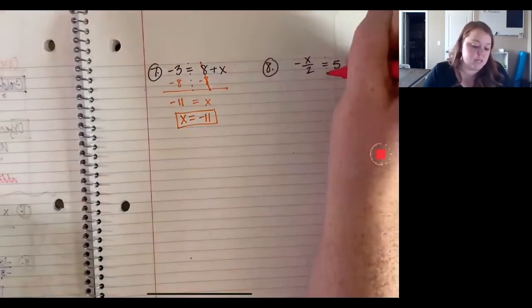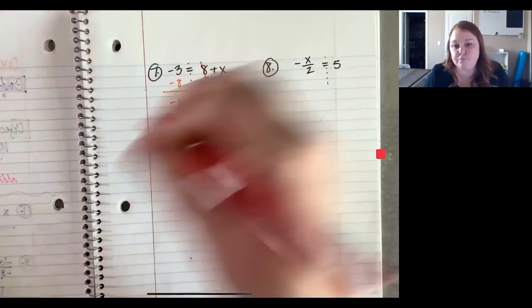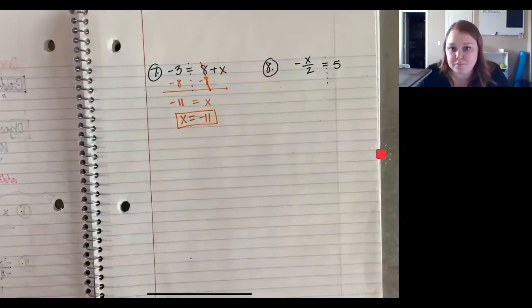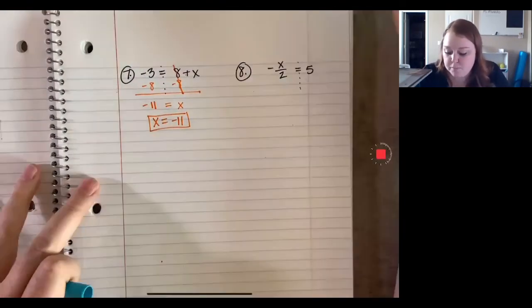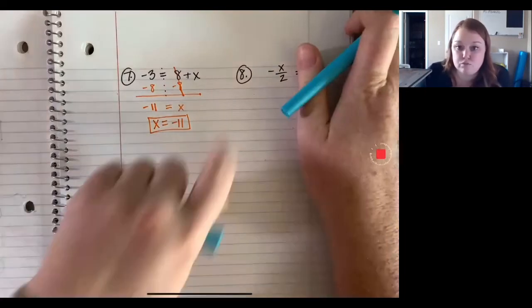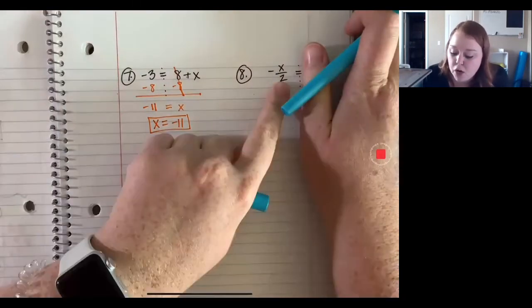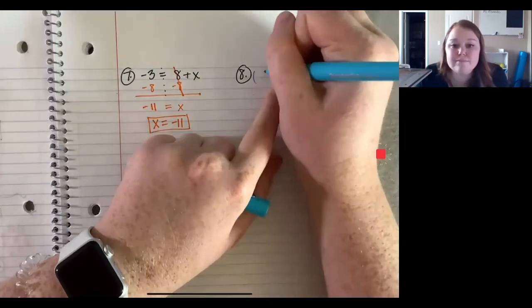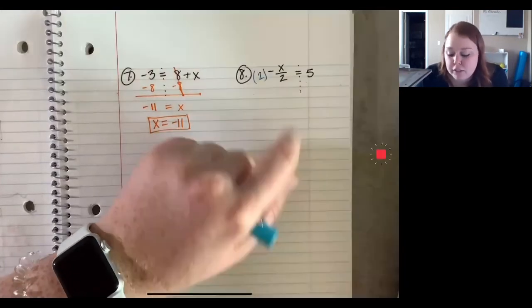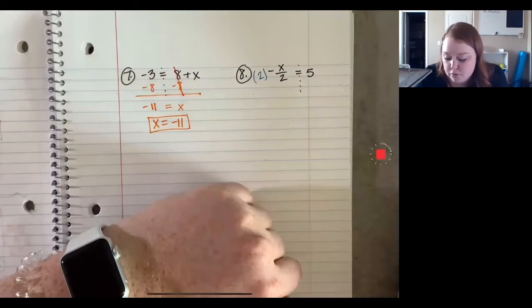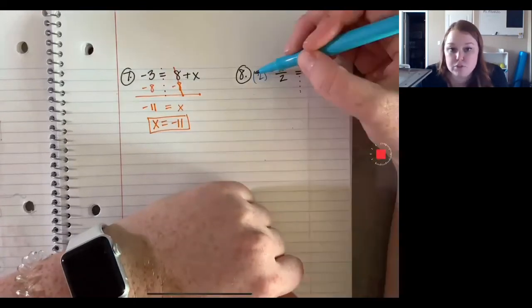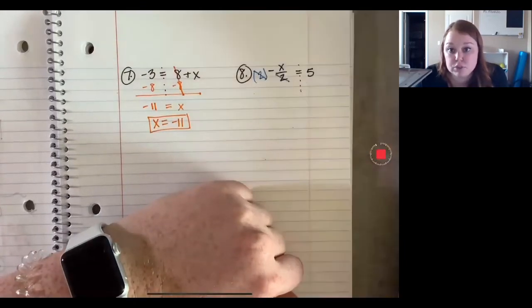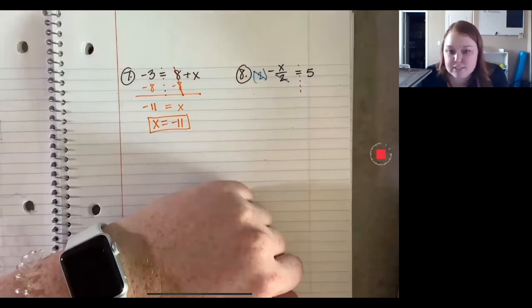Okay, number 8. I'm hoping that this negative didn't throw you off. Okay, so my variable is being divided by 2. So I'm hoping you're like, oh, I just have to multiply by 2. Well, kind of. If you multiply by 2, that'll cancel out the 2 in the denominator, which is good. But it doesn't cancel out this negative.